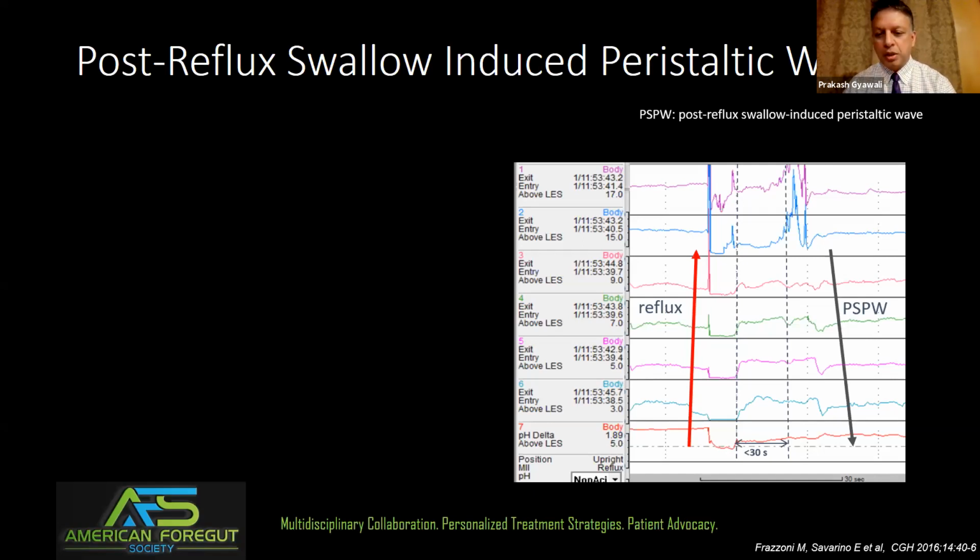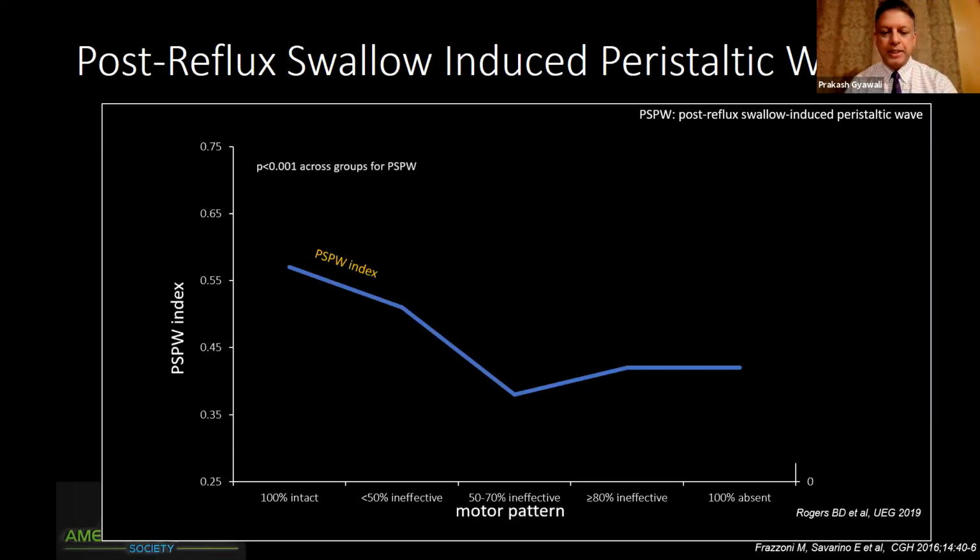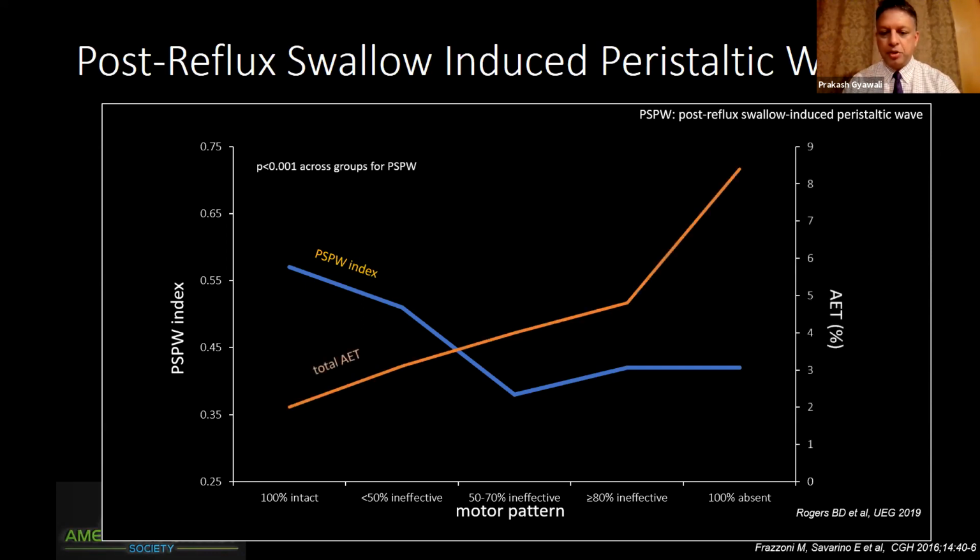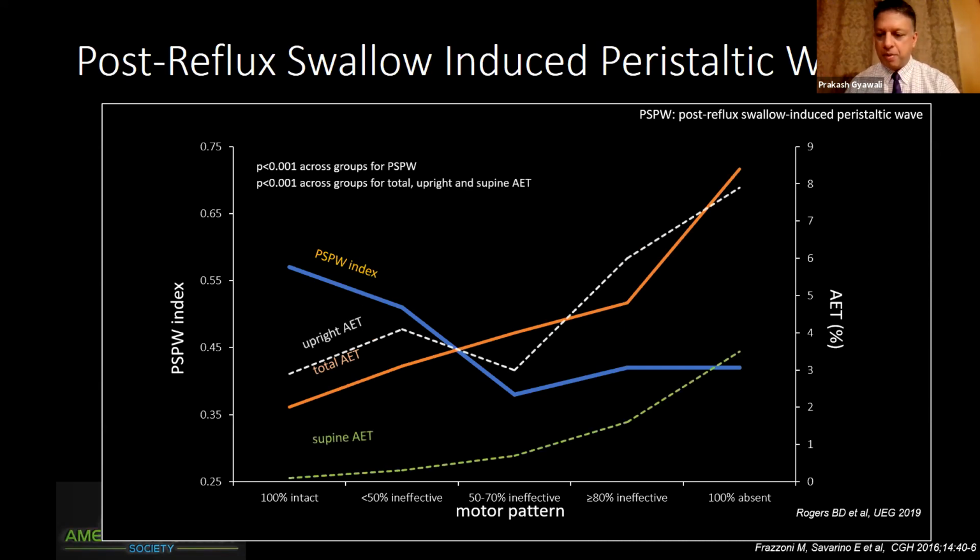This is a newer metric, and our group has demonstrated that the likelihood of a PSPW index being high is partly dependent on the esophageal motor pattern on high resolution manometry. The lower the PSPW index, the higher the total acid exposure, the higher the supine AET, the higher the upright AET.